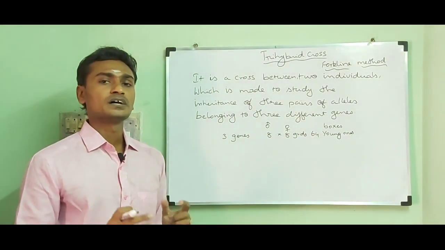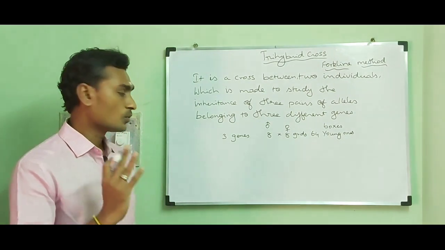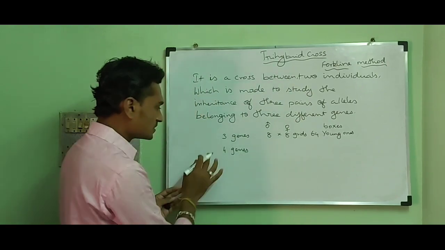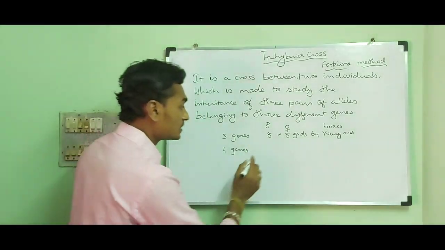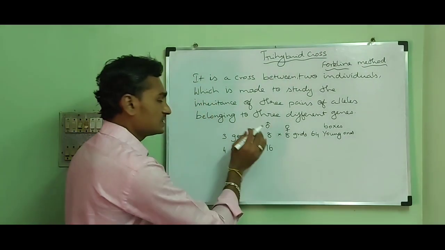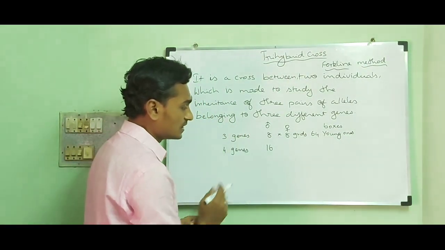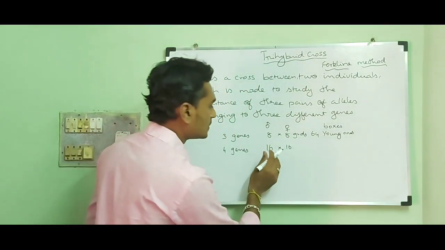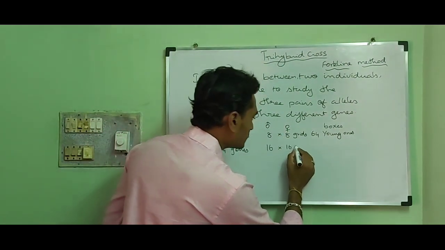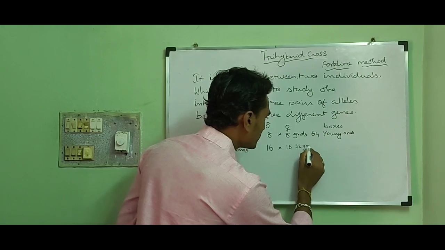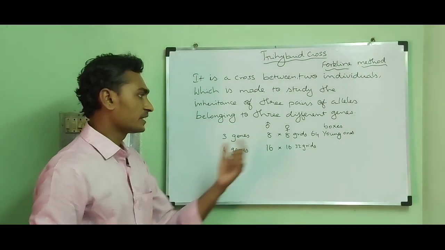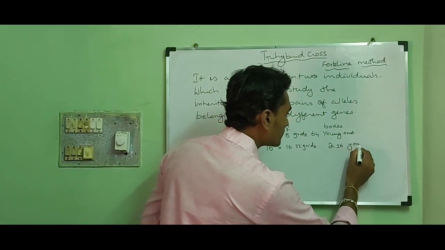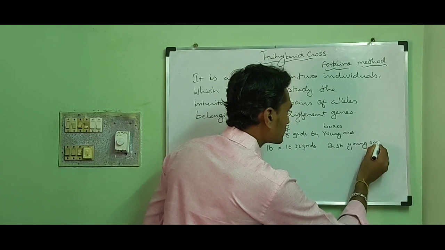Suppose we are analyzing a cross involving 4 genes. These 4 genes can produce 16 gametes in each individual. So, we have to draw 16 plus 16, 32 grids. Then the young ones, 256 young ones we can obtain by this cross.